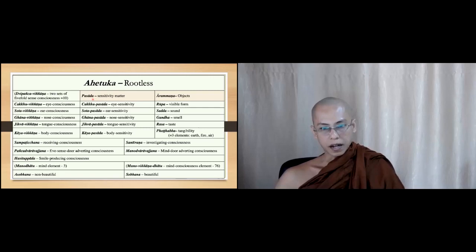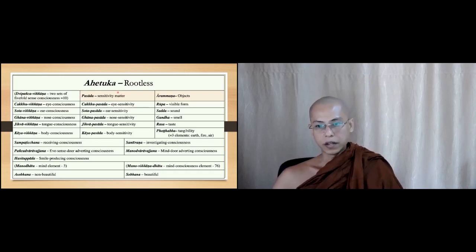Then pasada: here pasada is sensitivity matter. This is not mental factors or mental phenomena. This classification is about matter, but there is some relevance to the subject. So cakkhu pasada, eye sensitivity.